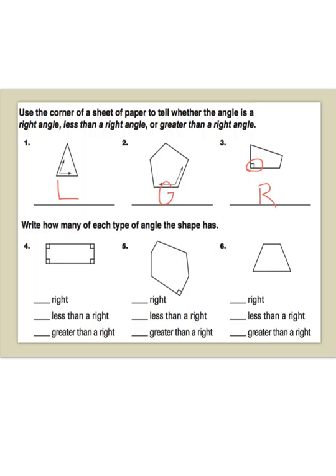For 4, 5, and 6, we're going to write how many of each type of angle the shape has. Number 4, we have 4 right angles. 5, we have 1 right, 0 less, and 5 that are greater. And number 6, we have 0 right, 2 less, and 2 that are greater.